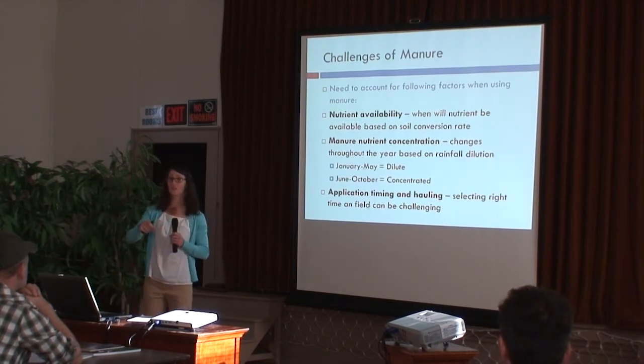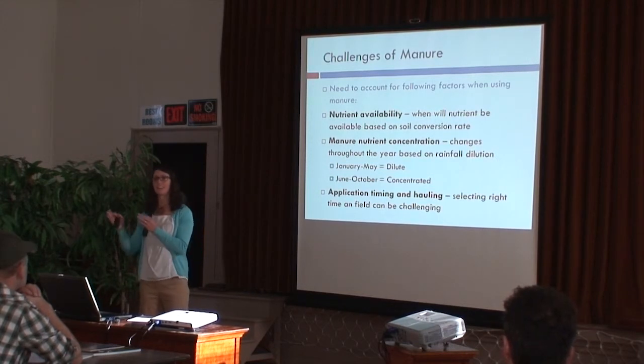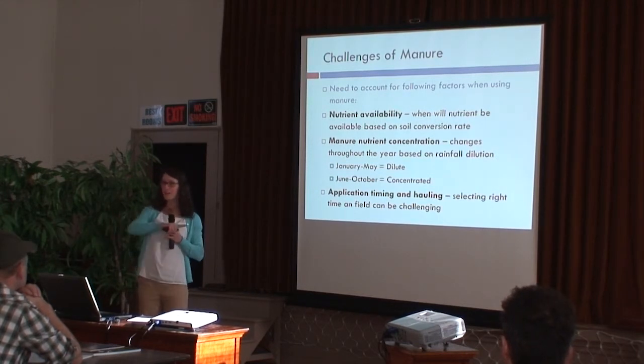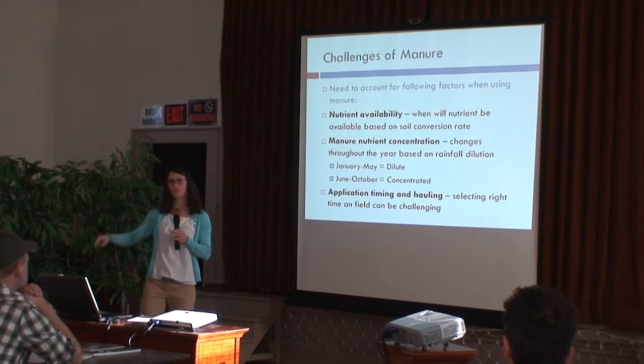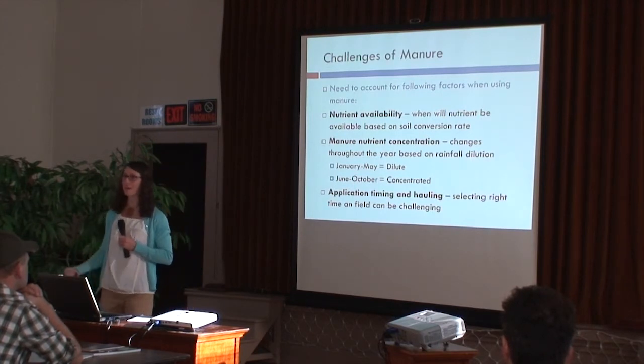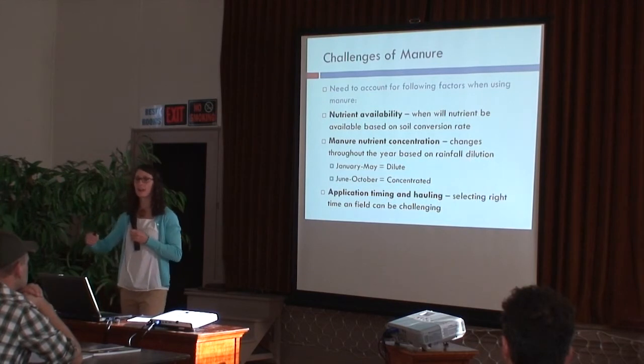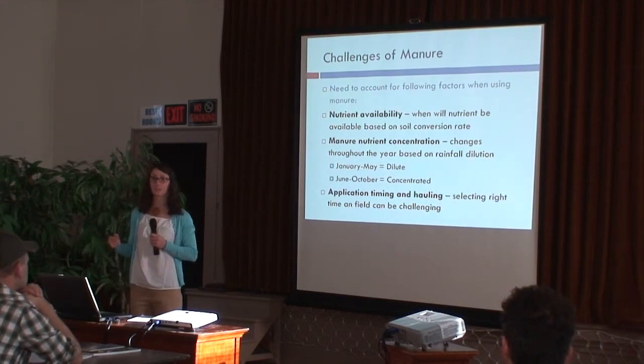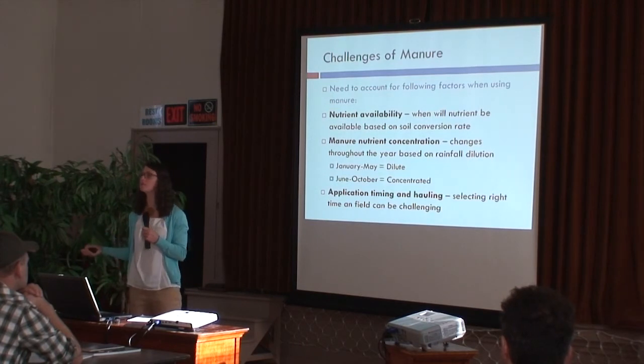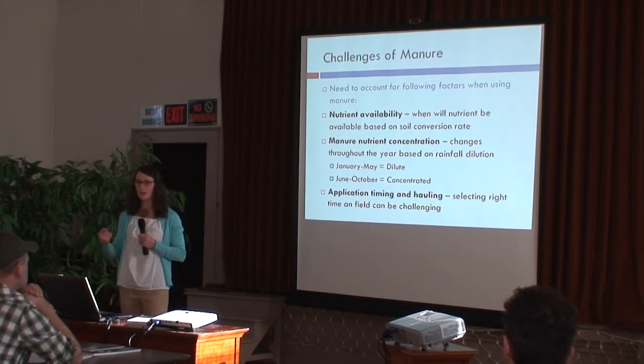We would prefer that you have more nutrient concentration early season and less late season when we can match that grass growth. But unfortunately, it just doesn't work very well that way because we can't get the volumes out early season. So this is where things like good clean water management come into play, keeping out as much of that water as possible, lagoon covers, or some of these new technologies, which Chris will talk about later.